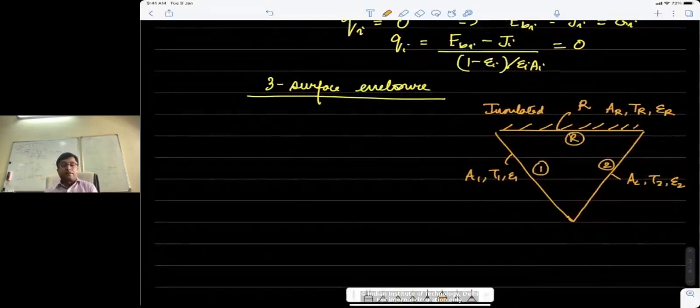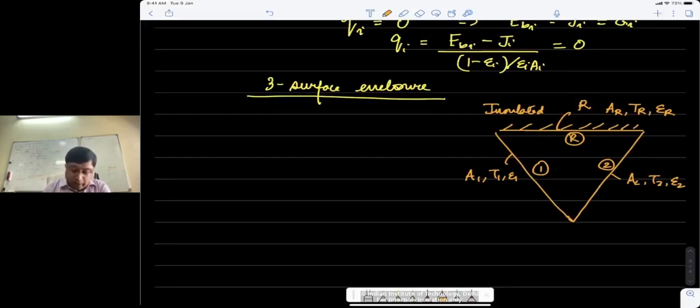If the surface was not re-radiating, then you would have to follow the method that I was describing earlier, by drawing those network elements and calculating each of the specific radiosities. But we will try and use the same approach, because as I will show you, that makes the problem much simpler to solve, even though there are more than two surfaces involved.